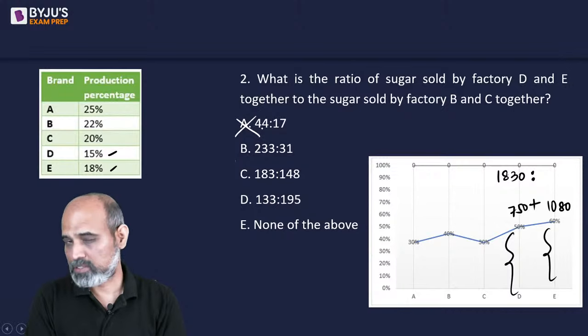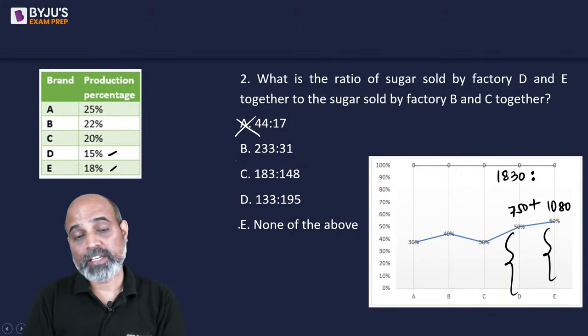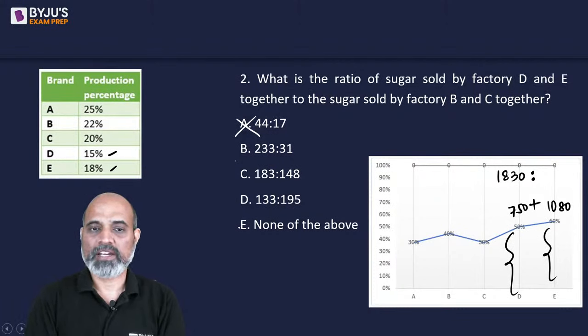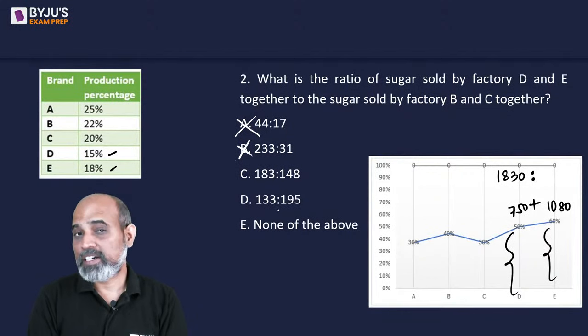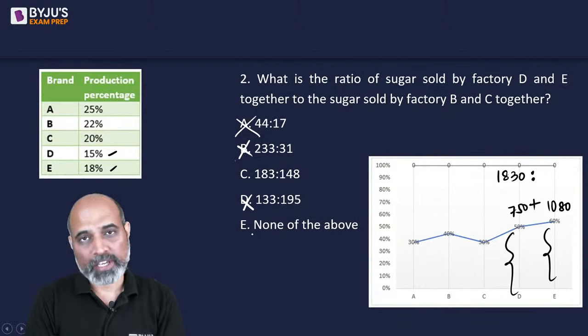So this goes away. Next, is 1830 in the table of 233 or 1150? I don't think so. Is it in the table of 133? No. So answer is going to be C or E.